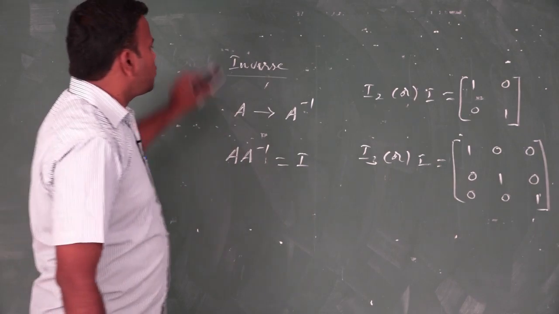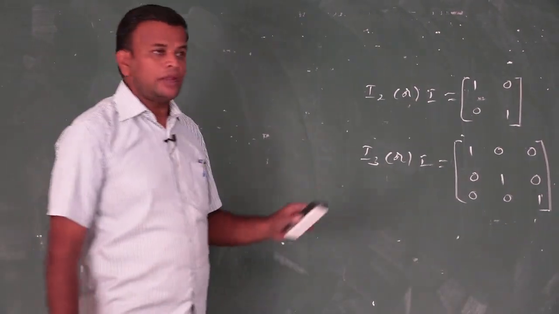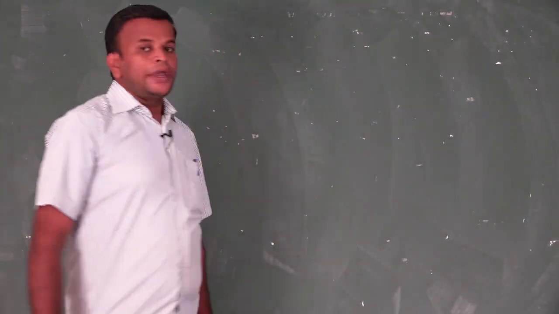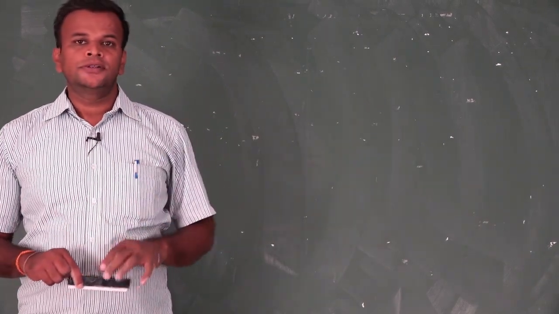Next one is important. When is A inverse possible? Only when the given matrix is non-singular is A inverse possible.